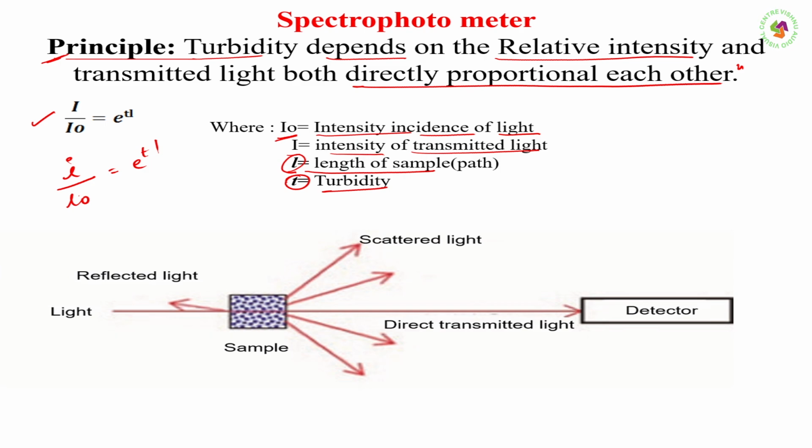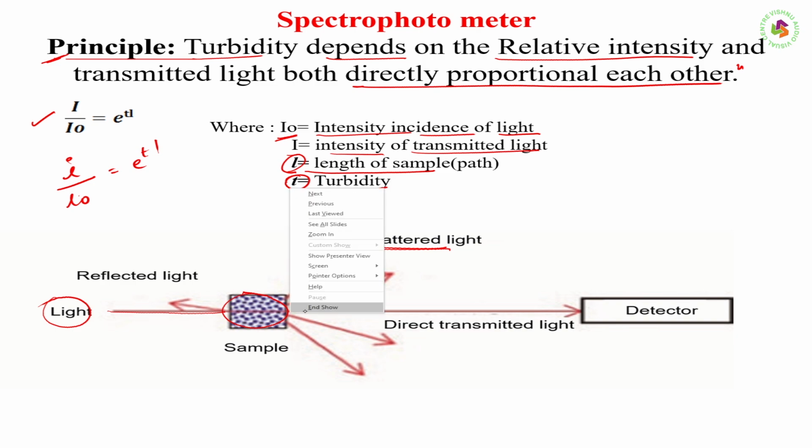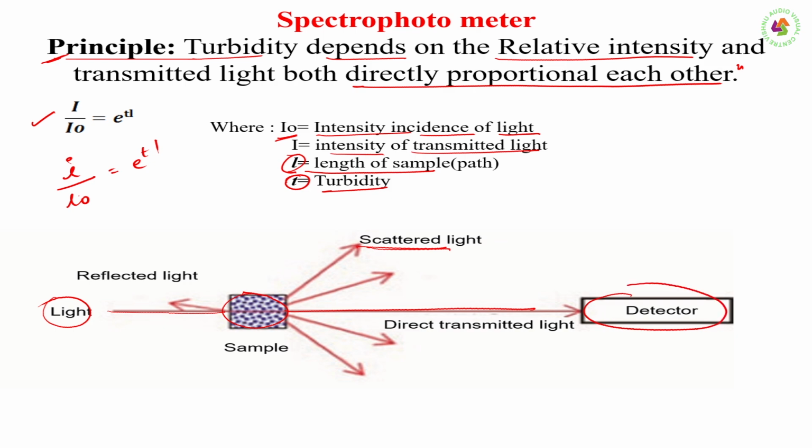This is the spectrophotometer's mechanism. The light source will pass through the sample. If the sample's particle size is more, then the light will be scattered like this. If the sample's particle size is less, then the sample will let the light through and it will be detected in the detector. This is the major mechanism of a spectrophotometer.